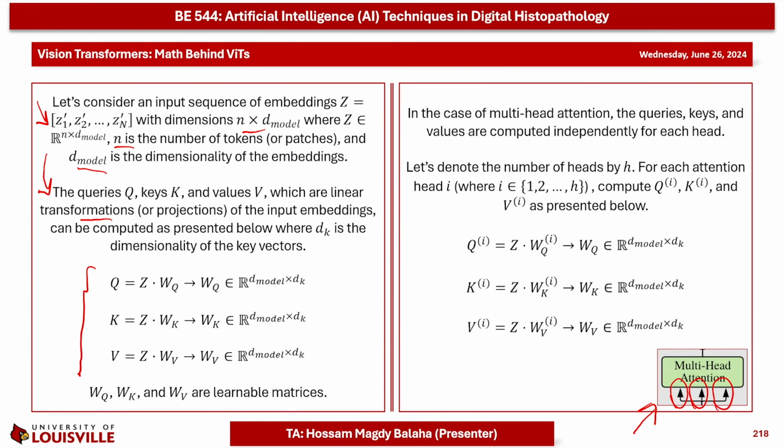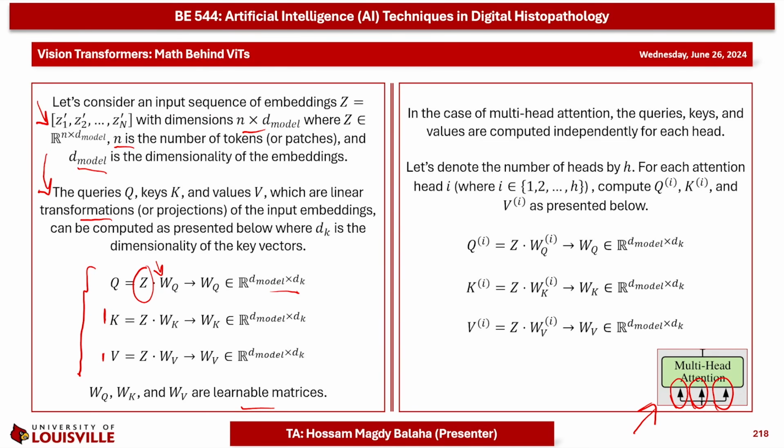To compute Q, we multiply Z, which is the input sequence of embeddings, by WQ, and the same for keys and values, where WQ, WK, and WV are learnable matrices that will be tuned in the training process. The dimension of each will be D model multiplied by dk, where dk is the dimensionality of the key vectors. Now we have Q, K, and V, which are the inputs to the multi-head attention, and it's worth noting that each of them is computed independently.